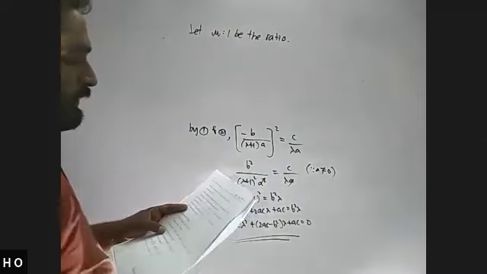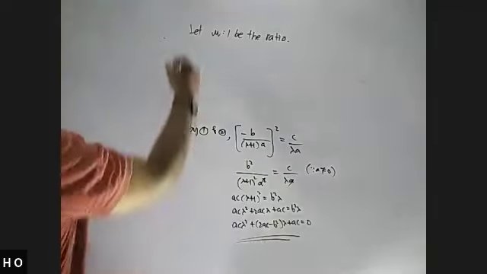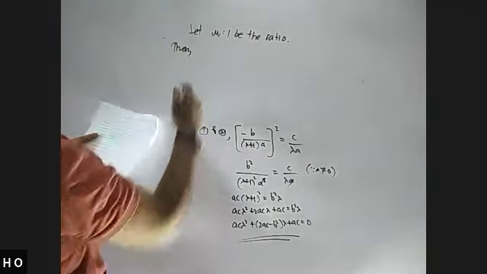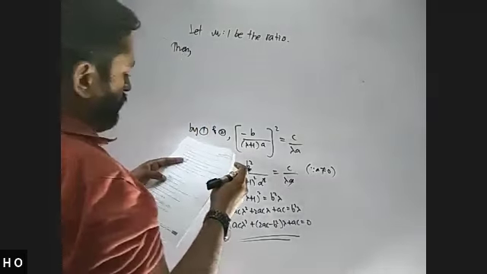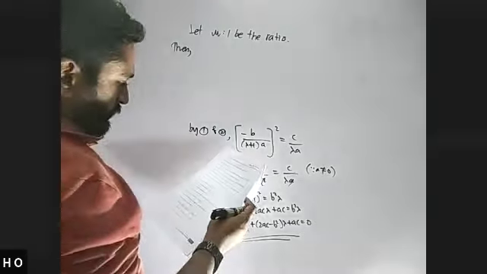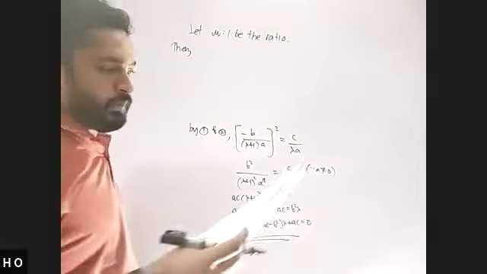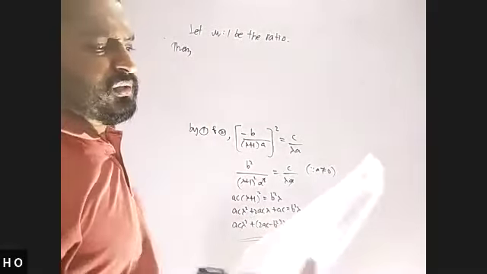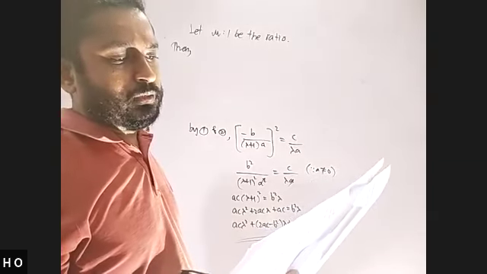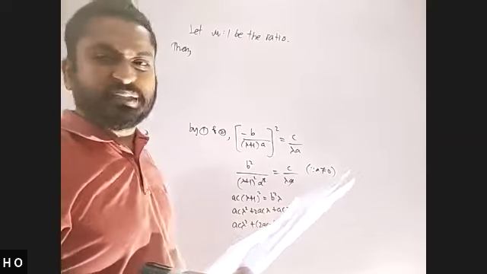Then when mu to 1 is the ratio, you can say the equations lx squared plus mx plus n and px squared plus qx plus r.